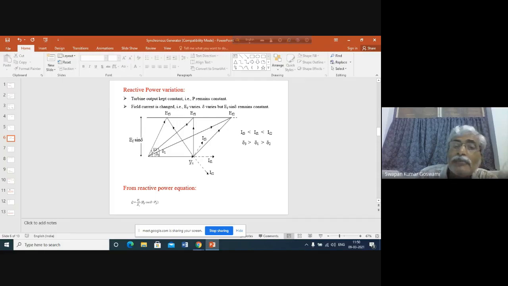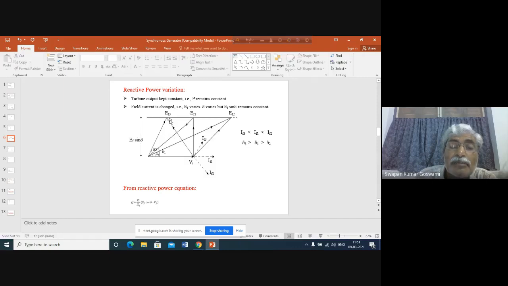Now if we decrease the field current from the initial value of the induced EMF, obviously the field flux has decreased. As a result, the induced EMF also will decrease. Say EF3 becomes the new induced EMF, and EF3 sine delta is this one.